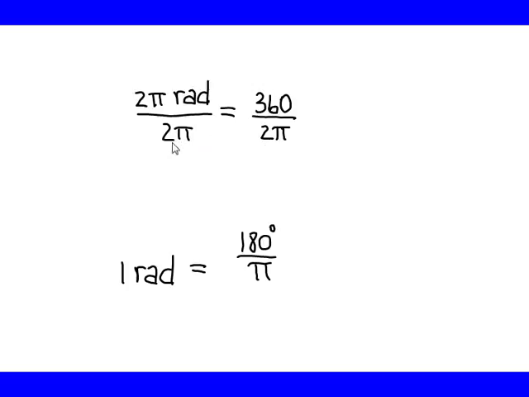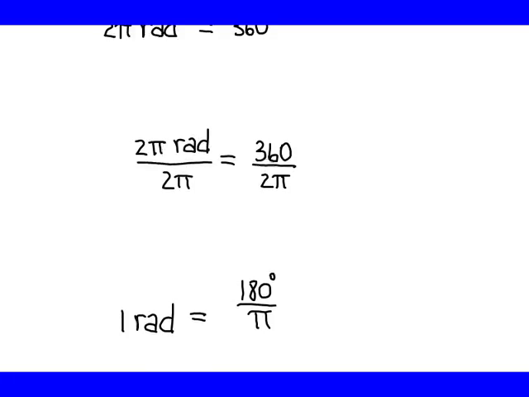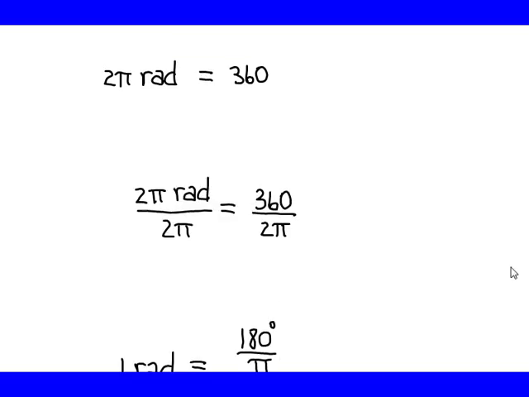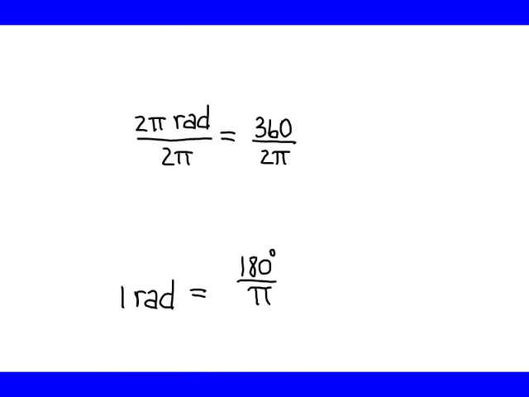The 2 pi's divide out, and we now know that 1 radian is equal to 180 degrees divided by pi. So you'll need to also know this formula. I suggest that you pause this video and copy these notes, because you'll be using them a little later on.